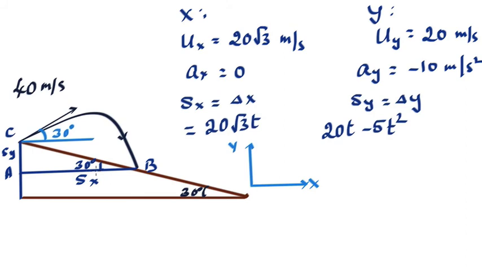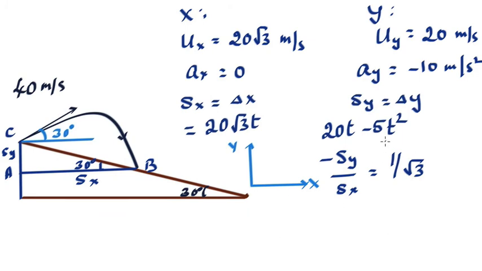But you have to be careful. Tan 30 is the length of the opposite side divided by the length of the adjacent side. Sy, on the other hand, is a negative number, so the length of the opposite side is minus Sy. So minus Sy is a positive number. That's the length of the opposite side divided by Sx, which is positive anyway, is tan 30, which is 1 by root 3.